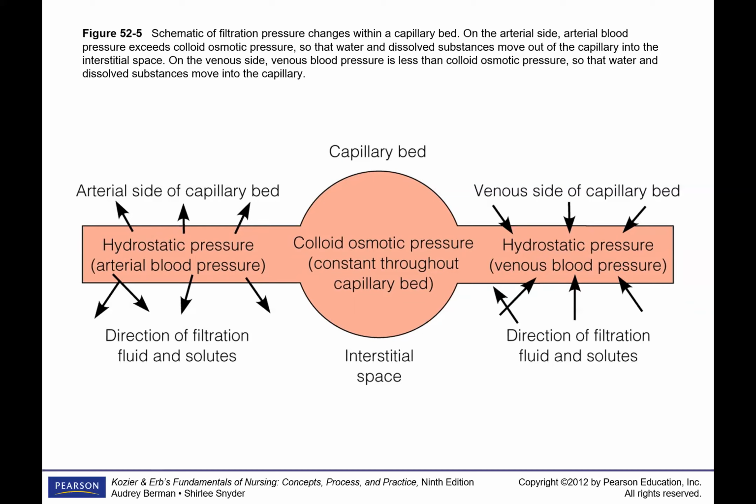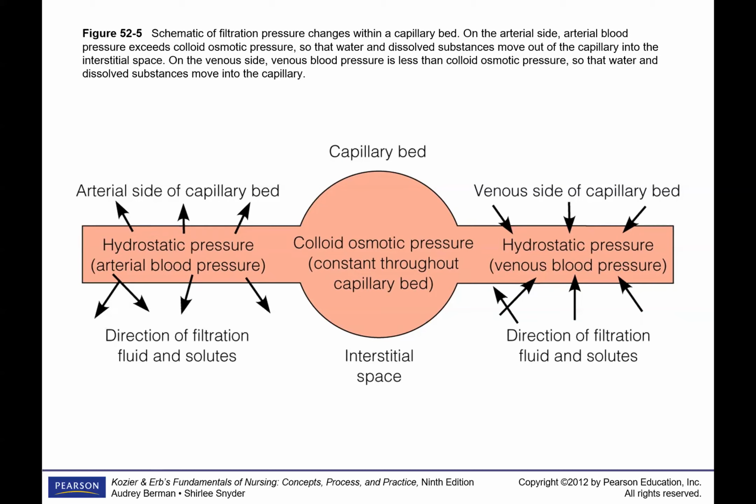Therefore, on the arterial side, the hydrostatic pressure is higher than the colloid osmotic pressure, so the direction of filtration of fluids and solutes is out. On the arterial side, oxygen, nutrients, things like that go out because the hydrostatic pressure is higher.